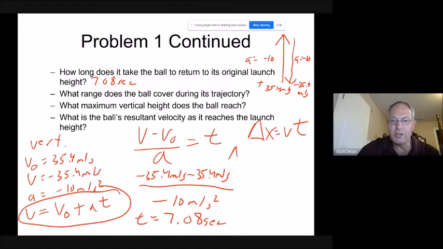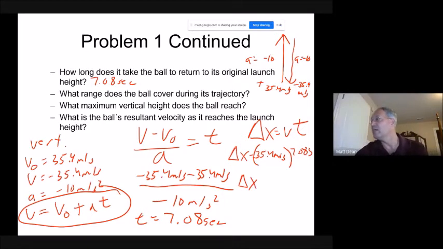So our range, delta x, is equal to our horizontal velocity, positive 35.4 meters per second, times our total time in the air of 7.08 seconds. We do the math on that, and we end up with a horizontal displacement, or range, of about 251 meters.